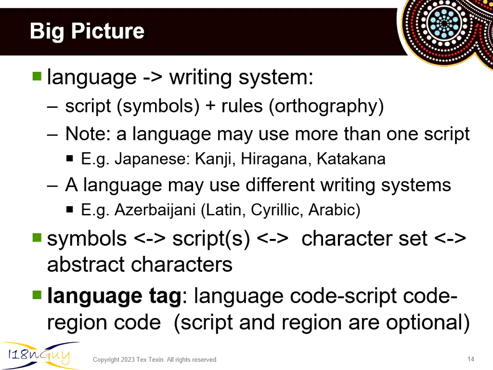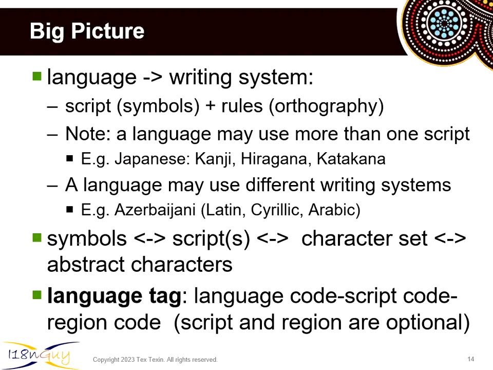A language code, which comes from ISO 639, which defines the language, but then it can include a script code from ISO 15924, which is a standard representing all of the scripts that are used in the world. And then, of course, optionally by a region code, which might refer to the country or continent or location where this language is used. So script and region are optional.